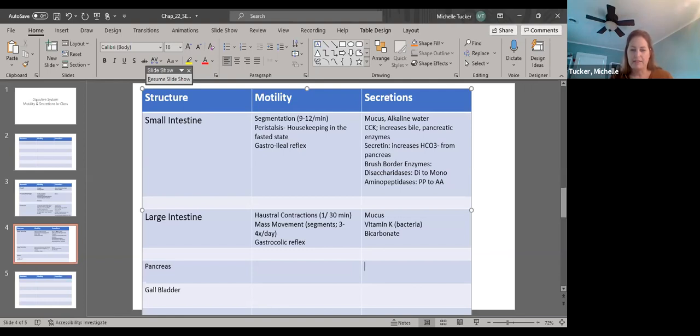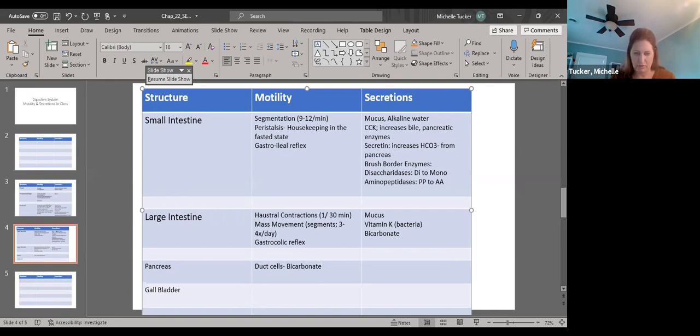For the pancreas, I might need to use both of these boxes. So both of these boxes are going to be secretions, but there's quite a bit. We have the duct cells that produce bicarbonate.